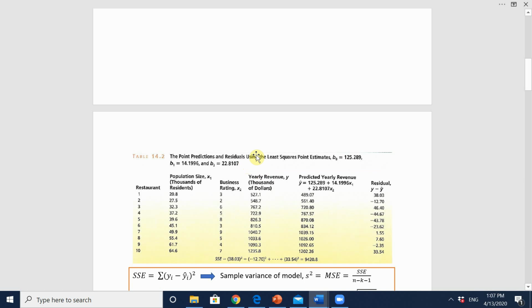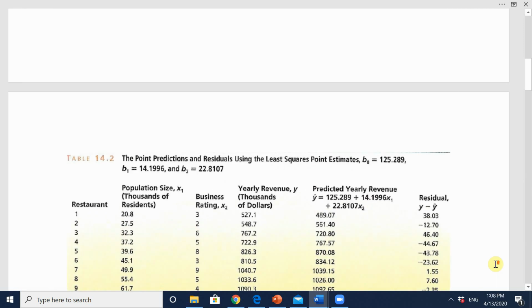Okay, so when we get our point estimates, as a result, we are able to get our point predictions. So here we are. These are the point predictions. So we're getting 10 point predictions, one for each observation that we have. So for instance, let me just zoom in a little bit here.